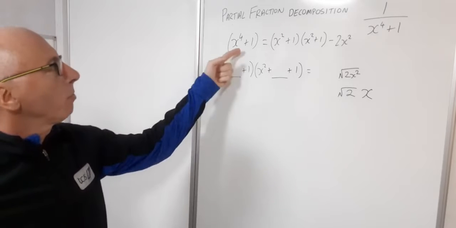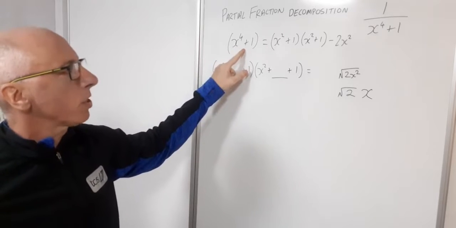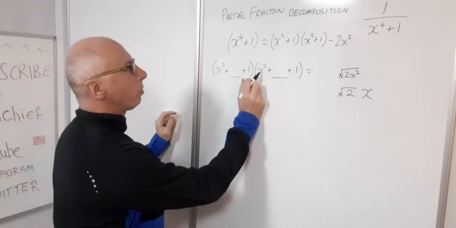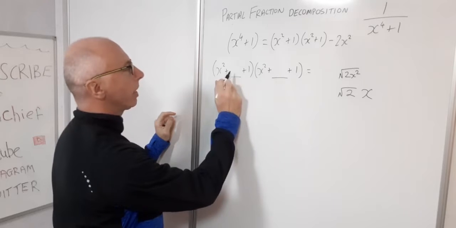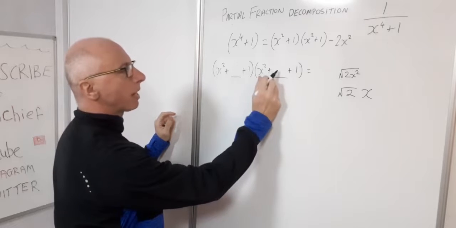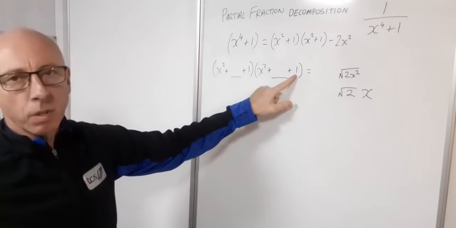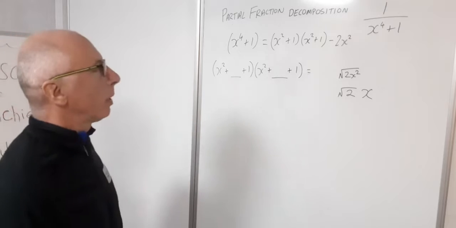Now, as the term disappears over here, we're going to need a plus and a minus. So when we multiply them all out, we'll have this term multiplied by maybe a positive on this side, and this term multiplied by maybe a negative on this side, and those two will disappear. And the same with this constant, so they will also disappear.